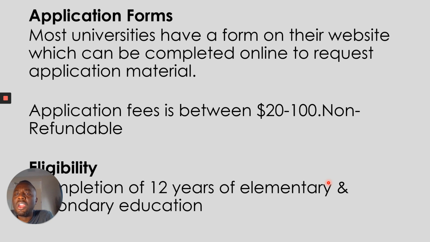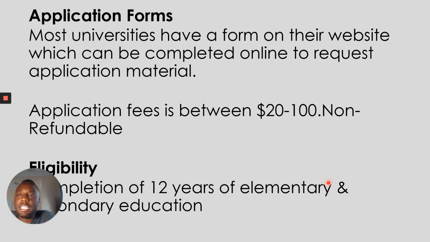You will need to complete an application. Most universities have an online portal where you can complete your application. So once you've shortlisted your schools, go to that school's website and check how the application needs to be done.